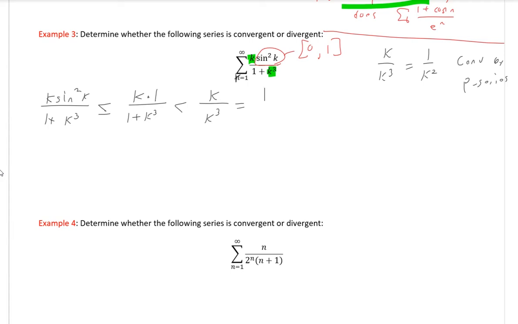And k over k cubed is 1 over k squared. So following this inequality, we can then say that our sum from 1 to infinity of k sine squared k over 1 plus k cubed is going to be strictly less than the sum from 1 to infinity of 1 over k squared.